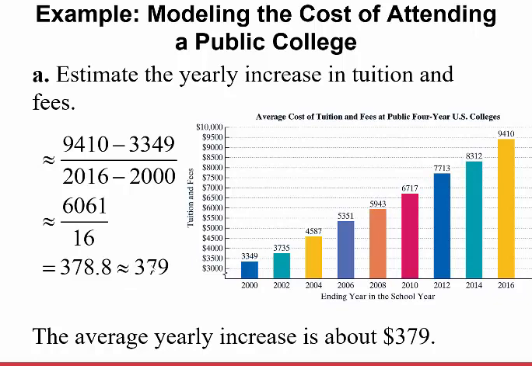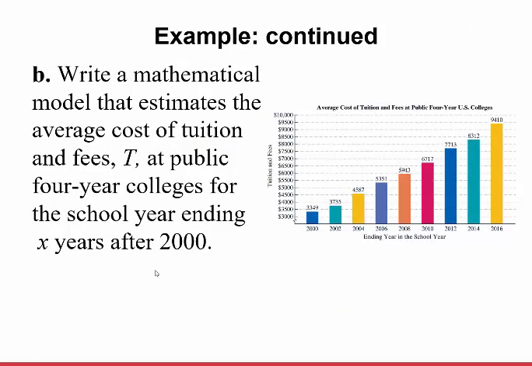We got that. Let's write a mathematical model that estimates the average cost of tuition and fees. We'll call that T, the total cost at public four-year colleges for the school year ending X years after 2000. So the variable X is years since 2000. When X is equal to 0, that's the year 2000. When X is equal to 2, that's the year 2002, and so on.